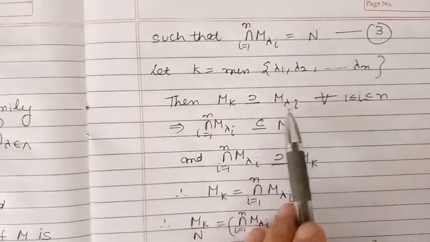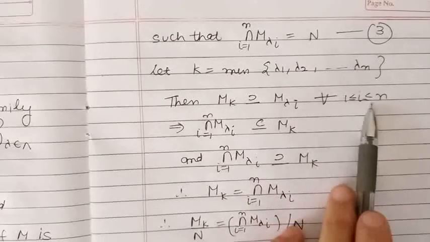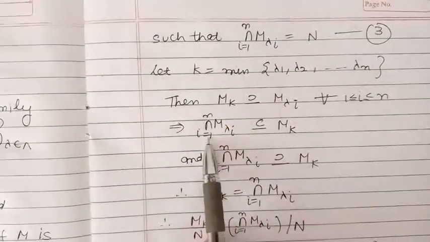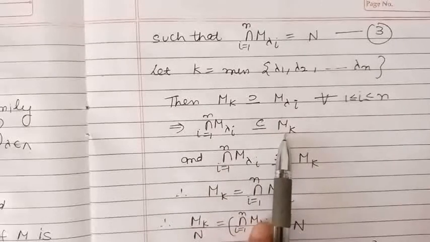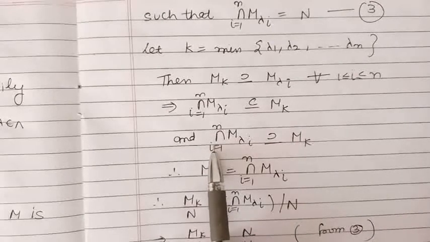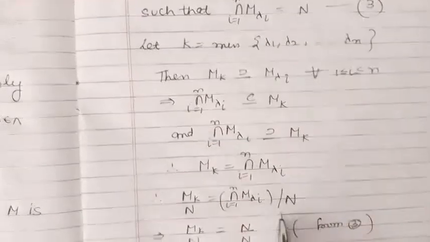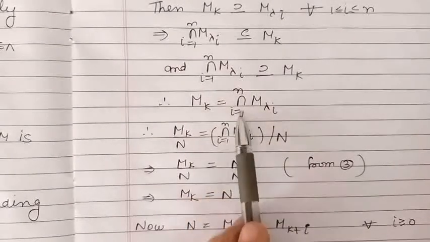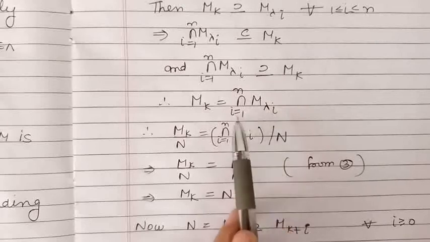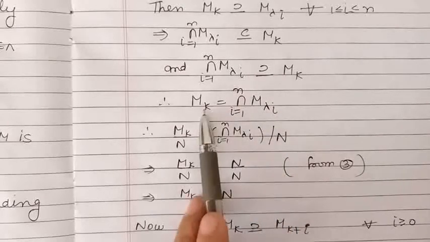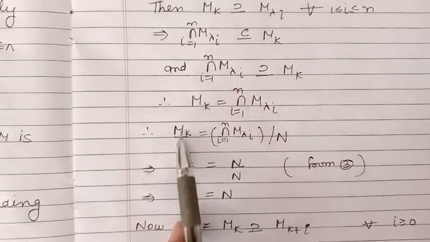And because for every i varying from 1 to n, M lambda i is contained in Mk, their intersection will also be contained in Mk. And also this intersection of M lambda i contains Mk. So we can say that the module Mk is the same as the intersection of M lambda i, i varying from 1 to n. So the corresponding factor module will become Mk by N.